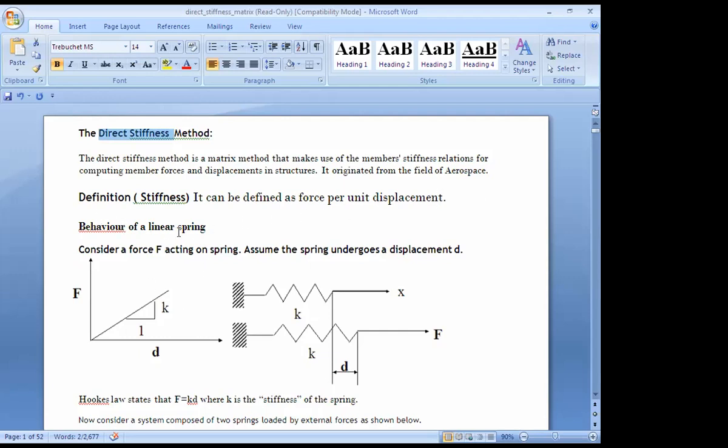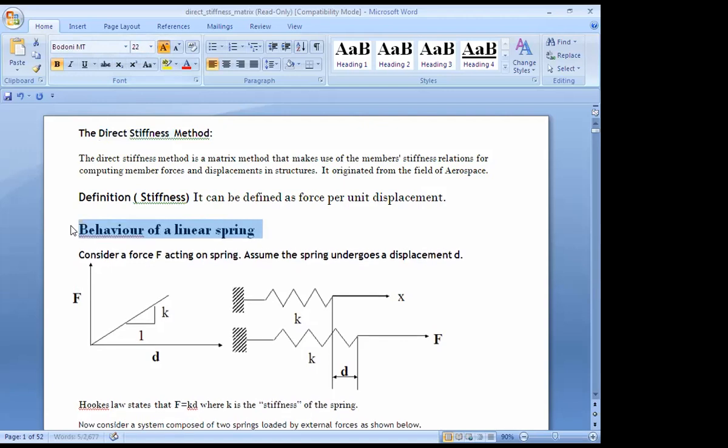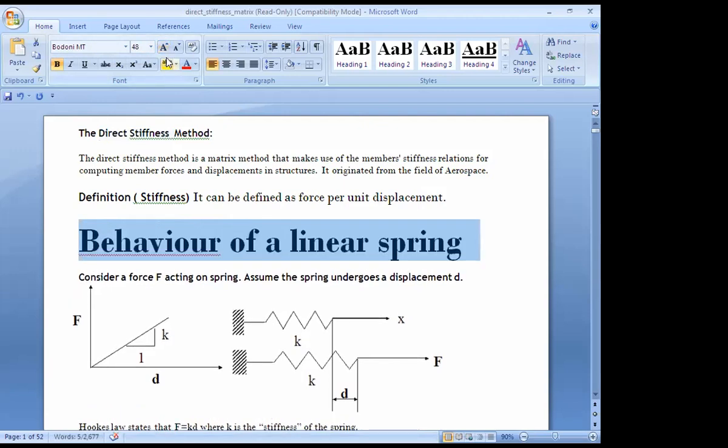Force per unit displacement. And to really understand this method, we are going to look at the behavior of a linear spring under a loading. If you load a linear spring with some force, how does it behave?